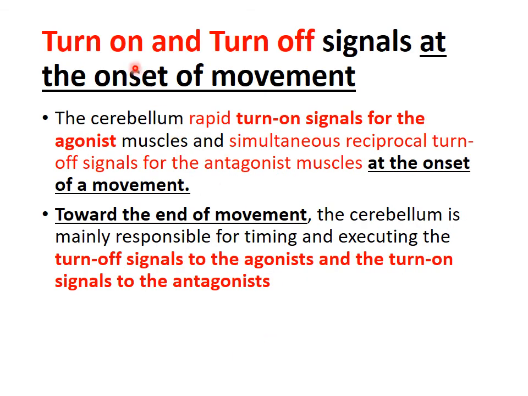So there are turn on and turn off signals at the onset of the movement. It is a very important point. The cerebellum gives rapid turn on signals for the agonist muscles. Agonist means the working muscle. So for the working muscle there is a rapid turn on, and a reciprocal turn off signal for the antagonistic muscle at the onset of the movement.